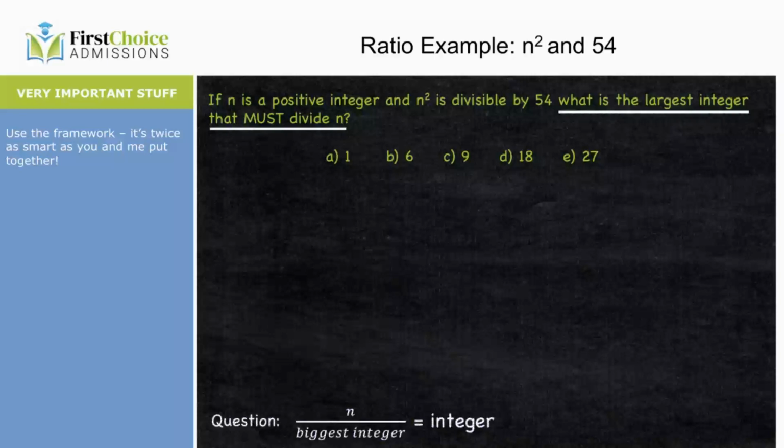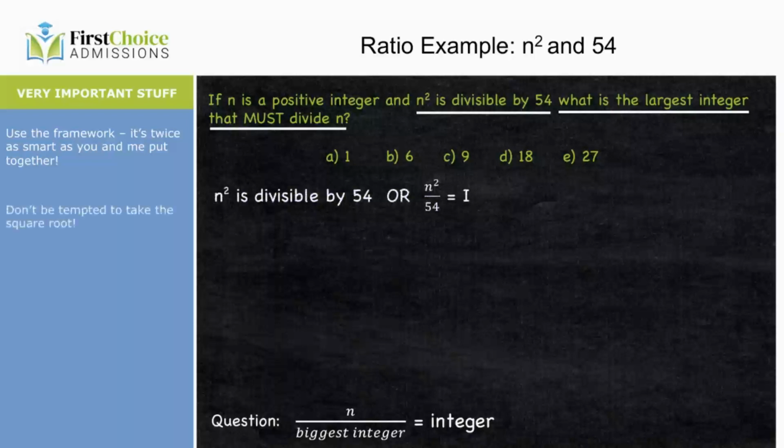So n is a number, and we're being asked, what is the biggest number that will divide into n? And everything we're dealing with here is integers. Okay, so what are we told? We're told that n squared is divisible by 54, and that means that n squared over 54 is an integer.